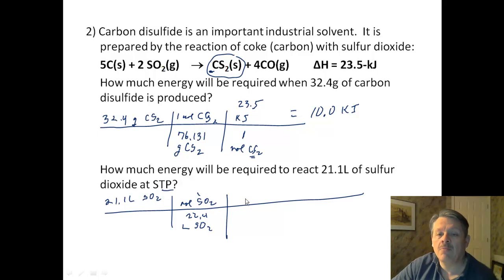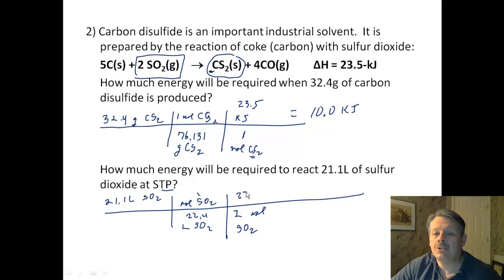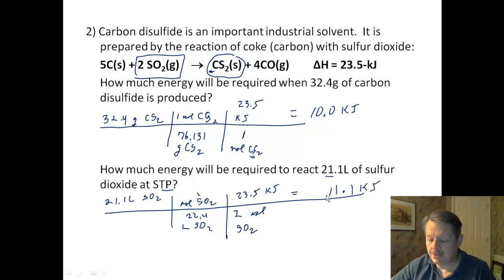And when I have moles of sulfur dioxide, I have to go from a relationship of 2 moles of sulfur dioxide to my energy, which is 23.5 kilojoules. When I do the math there, I come out with 11.1 kilojoules of energy. 3 sig figs in my problem, 3 sig figs in my answer.